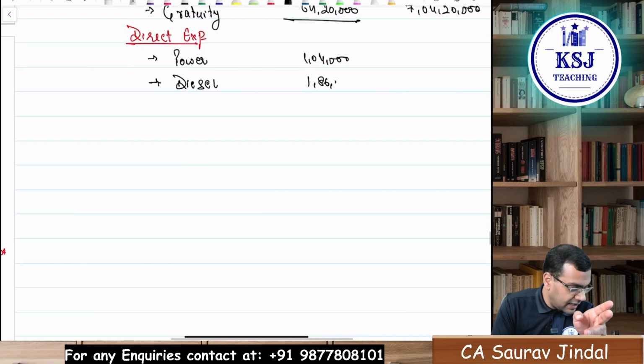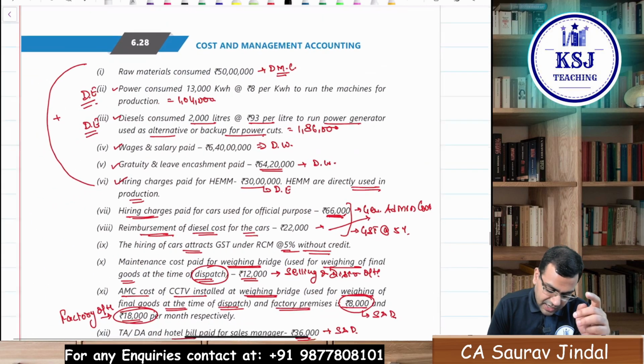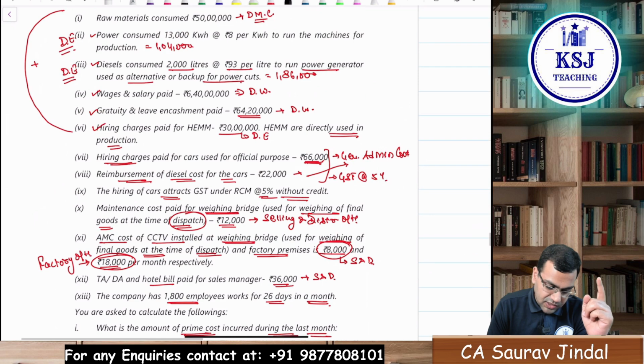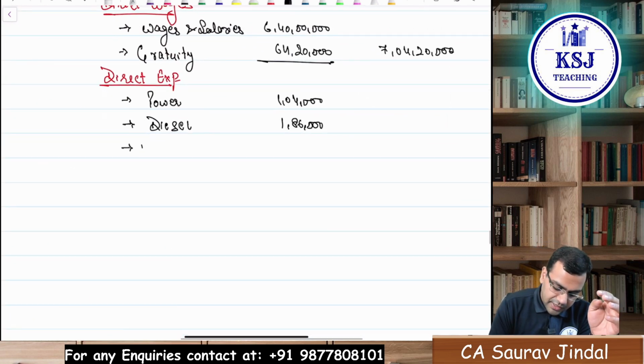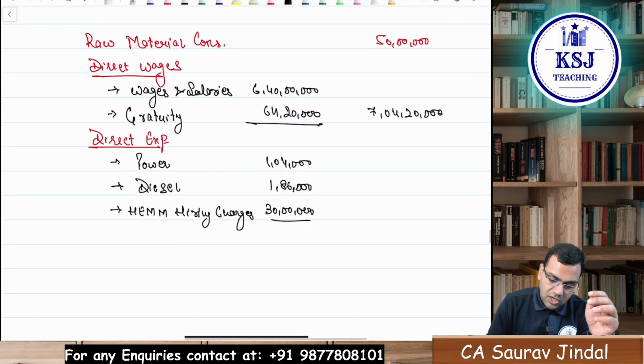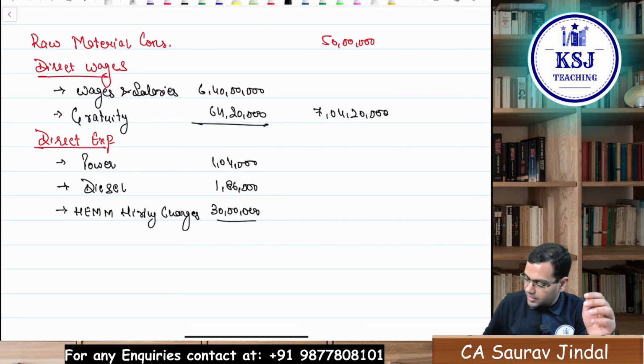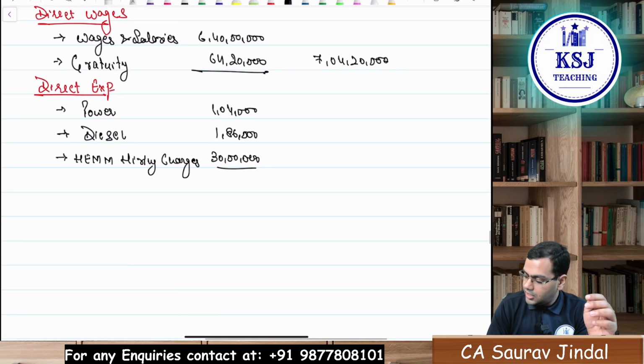After that, power is done, diesel is done, what is next? Hem hiring charges of 30 lakh rupees. So this will be your total direct expenses, 1,04,000 plus 1,86,000 plus 30 lakhs. That comes to 32 lakhs 90,000. Is that clear, everyone?